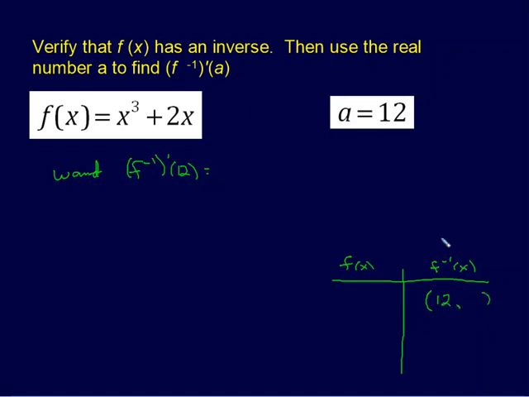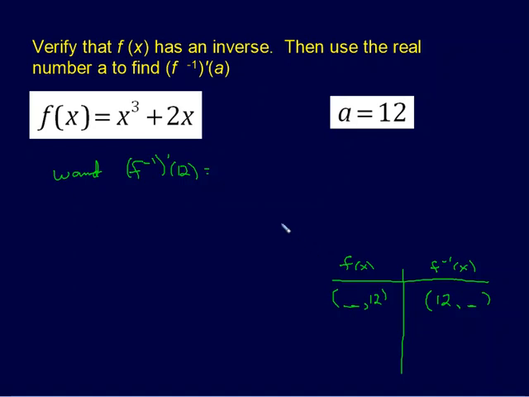Now, I don't know the rule for the f inverse function, so I don't know what this point is yet. But on the original function, that means there's a point where the y coordinate is 12. And so I could find my missing number by thinking about it that way. What number, when plugged into the original function f of x, would get me the y value 12? That would give me the f inverse of 12.